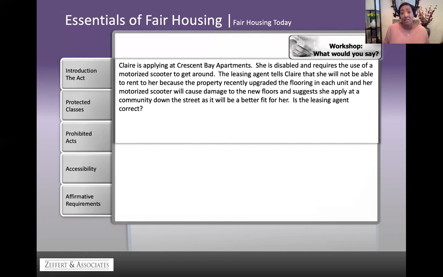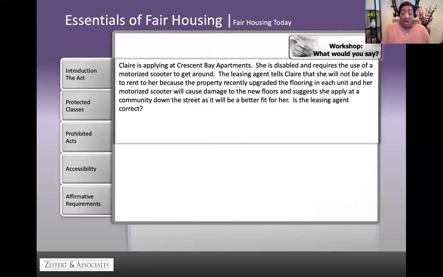She is allowed to live there regardless of the fact that the floors were recently upgraded, which is nice. It's a great feature to have in the units, but her motorized scooter is what she needs to get around because she is disabled.